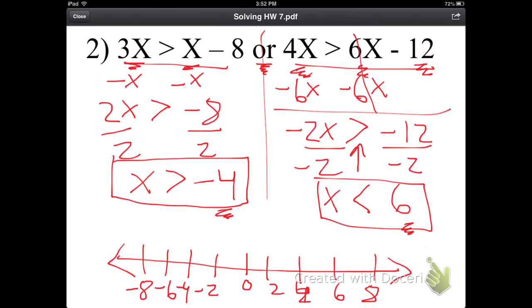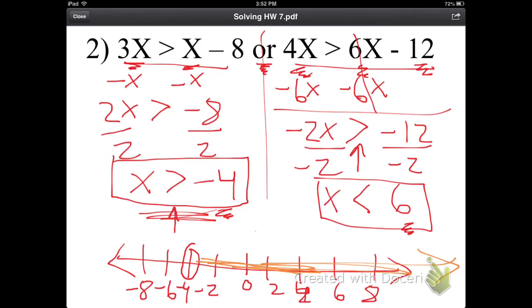So let's graph this left part first. I'm going to put an open circle because it doesn't have a line here. So open circle, and x is greater than -4, so I'm going to shade right. And I'm going to use a different color just to show their different graphs. This one's going to be orange, so this one's going to shade to the right.